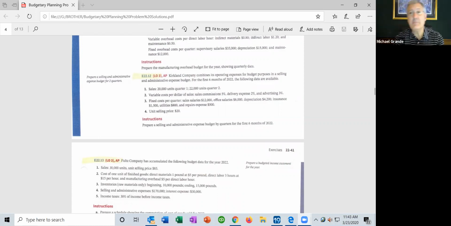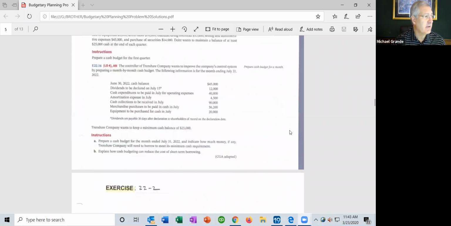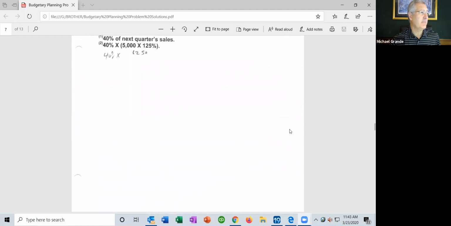In this problem, what you'll notice is that one of the fixed costs is depreciation expense. Remember, depreciation expense, yes, is an expense, but it's not a cash disbursement.